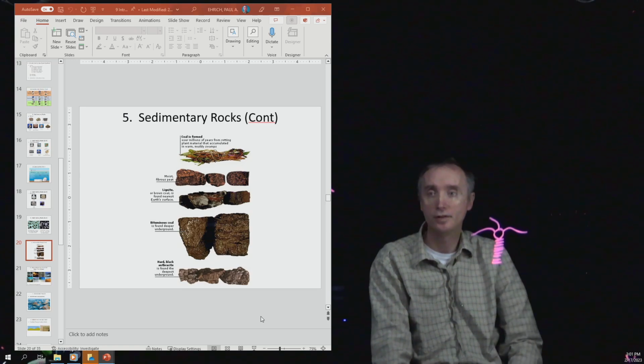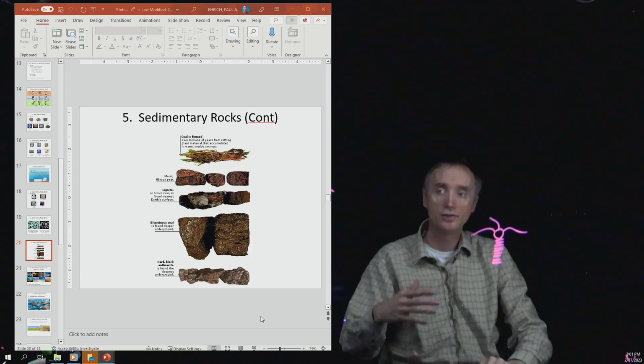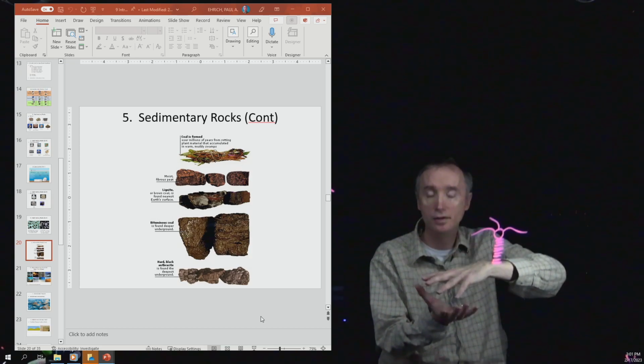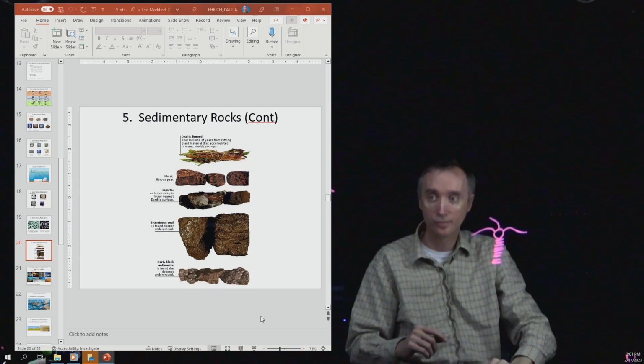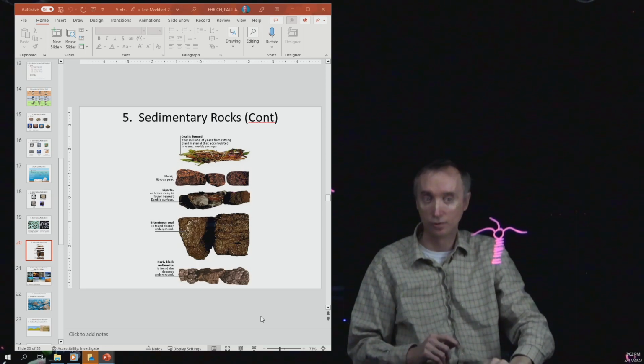And then if it's covered up before it has a chance to be oxidized, it's going to be peat. Then as you continue to squish it and heat it, at first it's going to turn into lignite coal. Then it turns into bituminous coal. And then finally it will turn into anthracite coal.